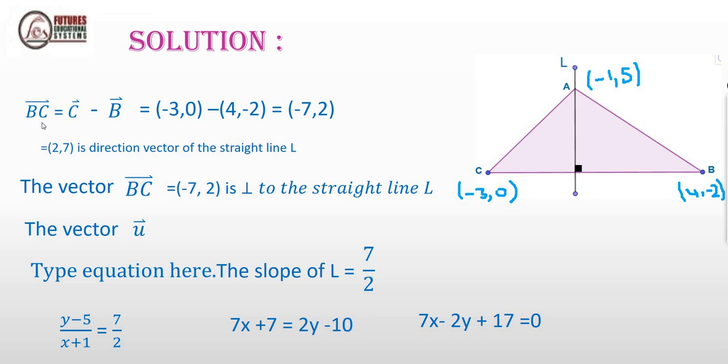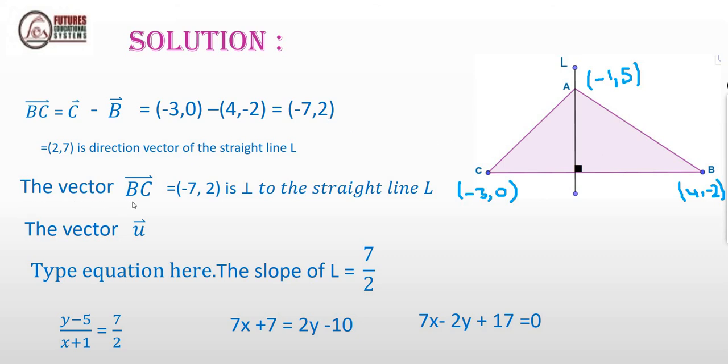We know the vector BC equals C minus B, point C minus point B. The point C (negative 3, 0) minus the point B (4, negative 2). Therefore, the result equals (negative 7, 2).